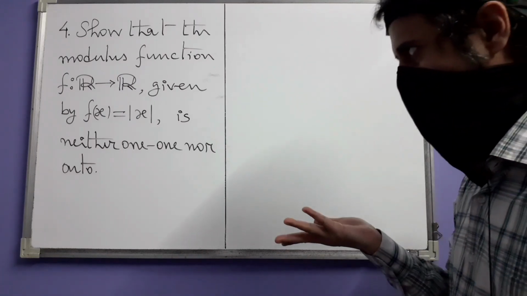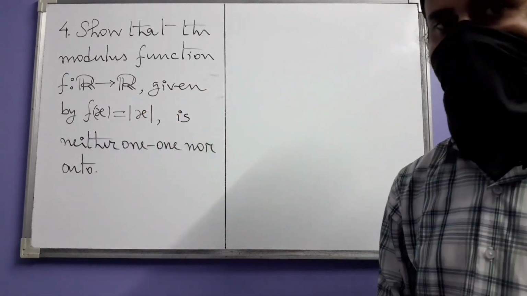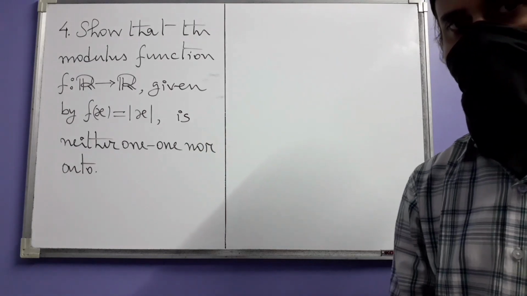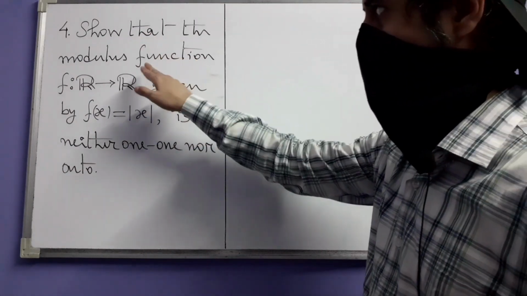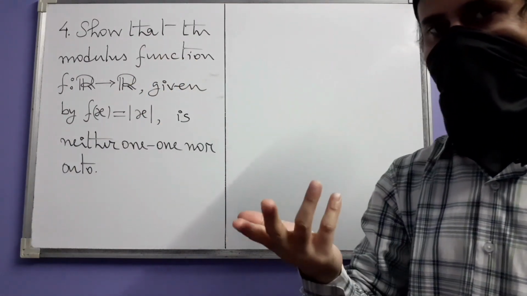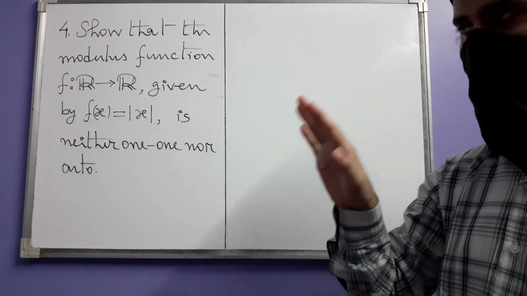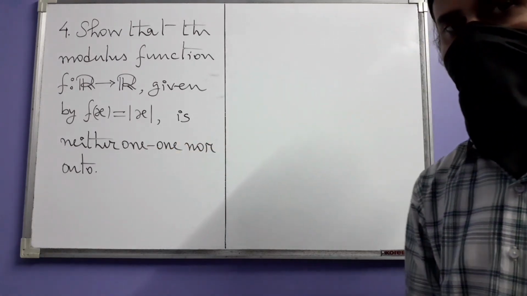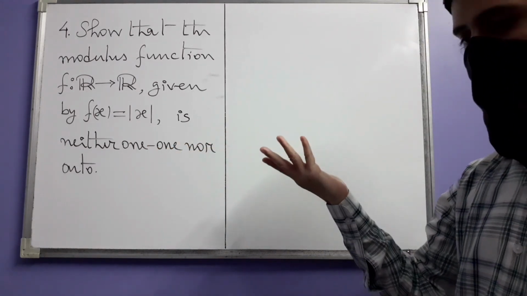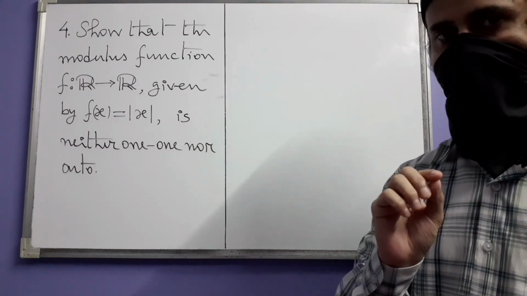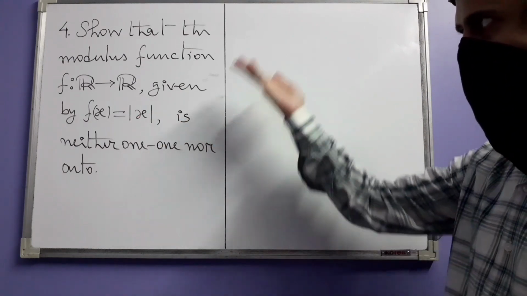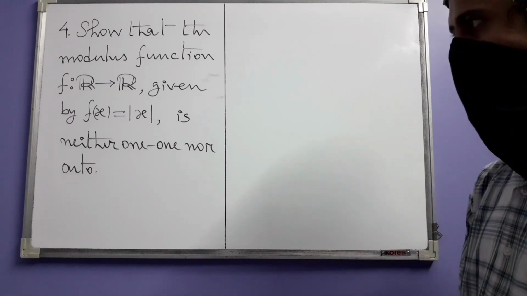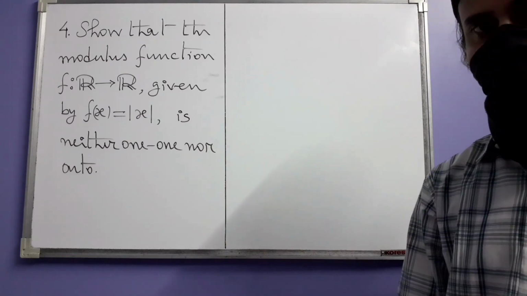But if we already know the meaning, then what is the point of writing like this? And if we don't know the meaning, then this also is meaningless. You can just simply say, show that the modulus function f, just give it a name and that's it. We already know the modulus function has already been defined in the text, and then straight away you ask for this. But of course, the people who wrote these books, they like to write essays. That's why they are presenting things like this in an extremely hilarious manner. But anyway, let's see how it is neither 1 1 nor 1 2.